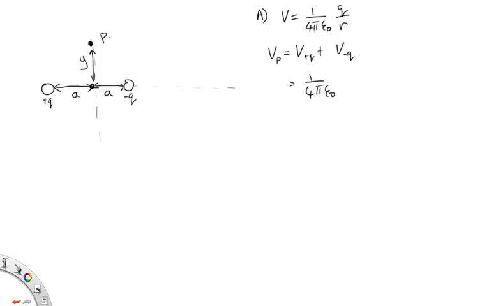Let's take this out as a common factor as it will occur in both V plus and V minus. Q over r, and the distance between this charge and point P is this distance, so it's the square root of a squared plus y squared.